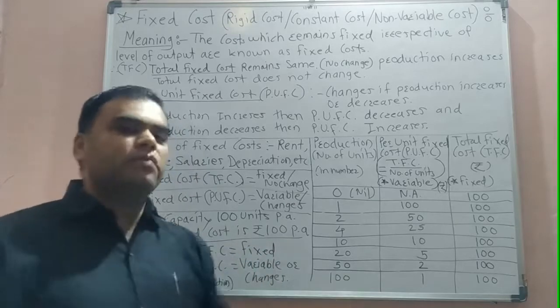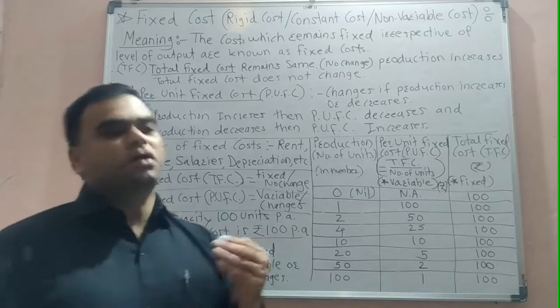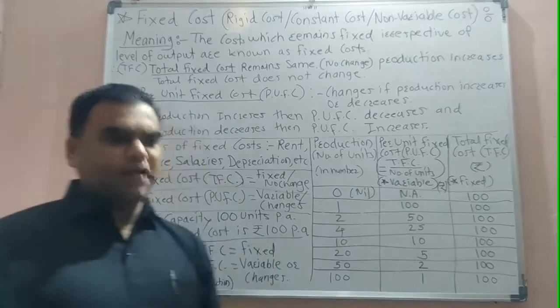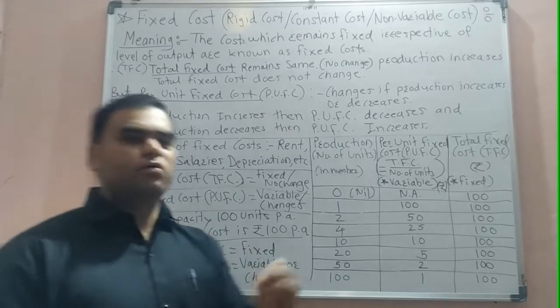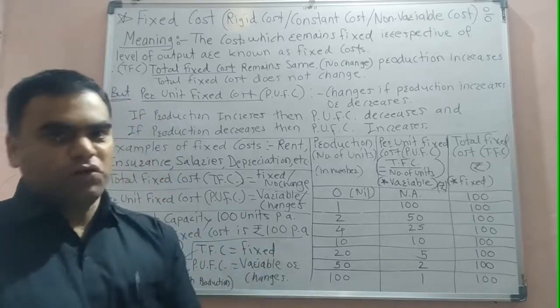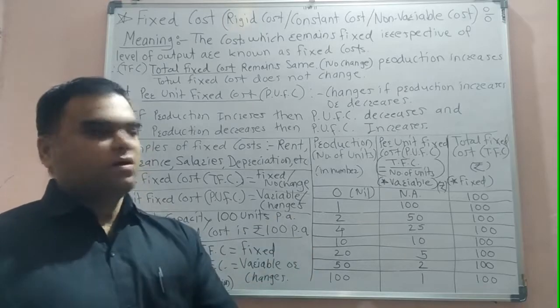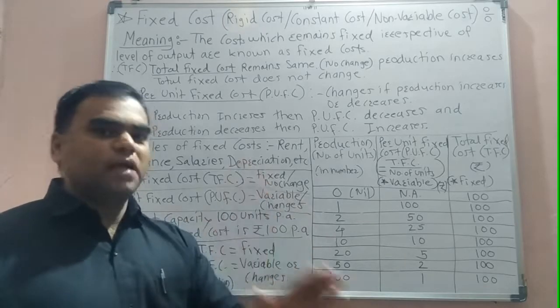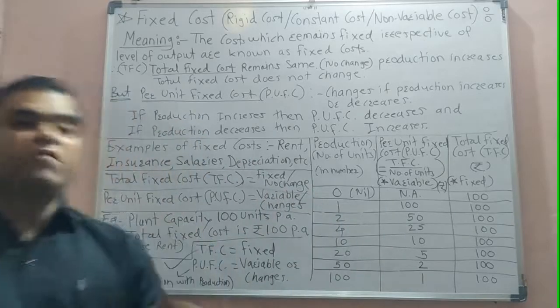Suppose you have taken one plant on rental basis and the per annum rent amount is, suppose, rupees 100. Then the rent will be the same, 100 rupees you will have to pay whether you manufacture or not, or whether you manufacture minimum, maximum or average. Your rent amount will remain the same, that is 100. But what about per unit fixed cost?